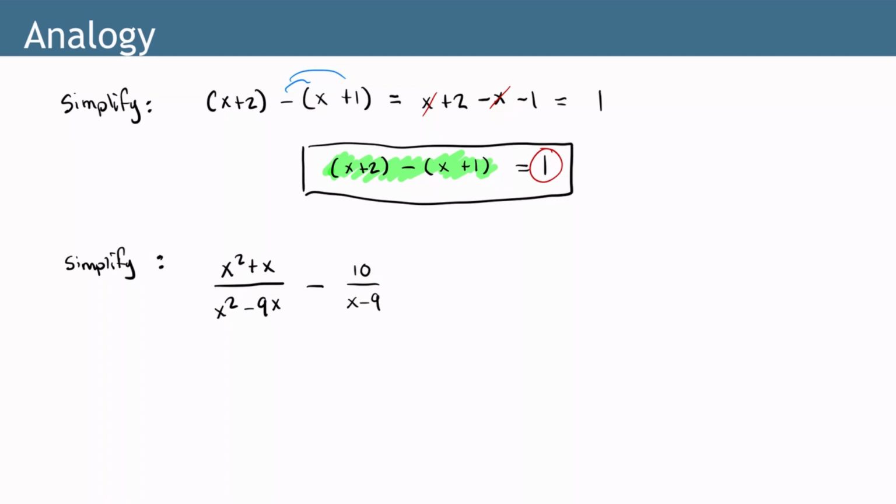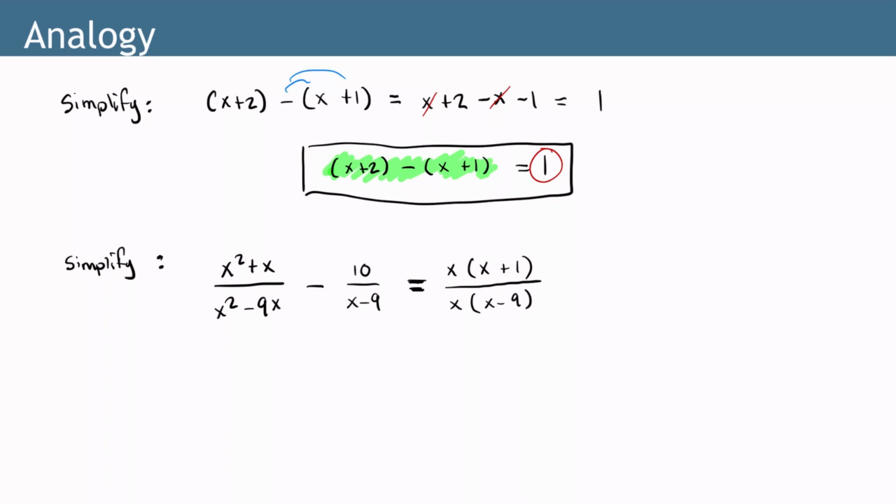Now I see some things right away. If I was to just do some algebra, I could say both the top and the bottom on the left here have x's. I'm going to factor some x's out. So I have x times (x + 1) on top, and x times (x - 9) on the bottom.